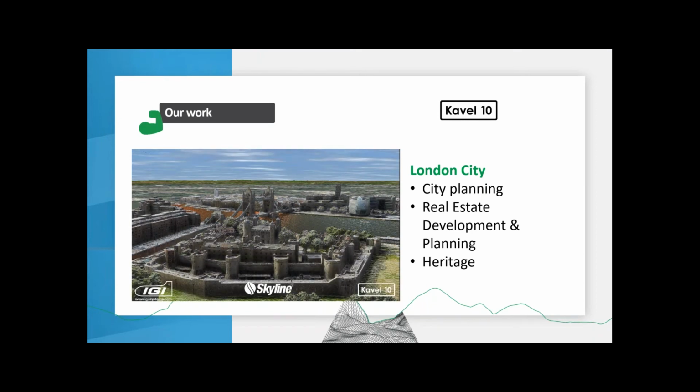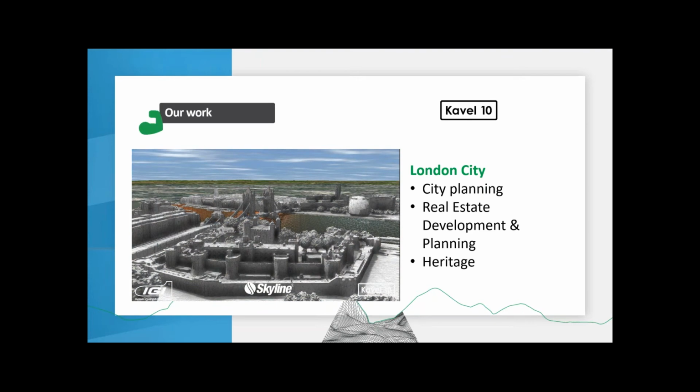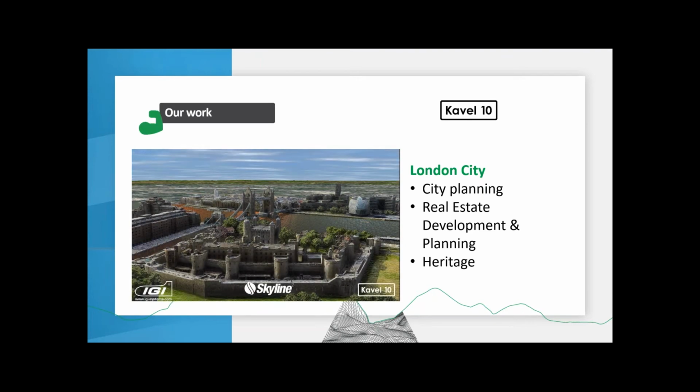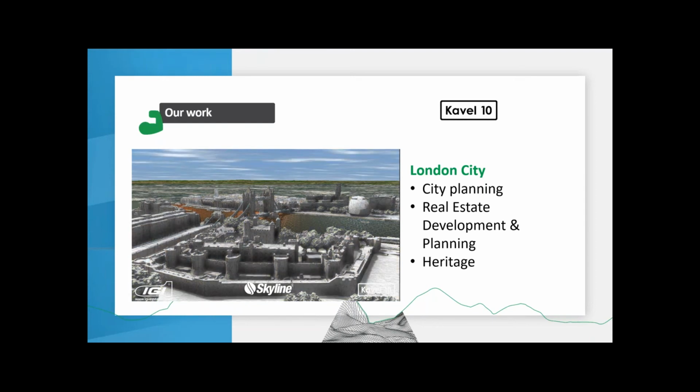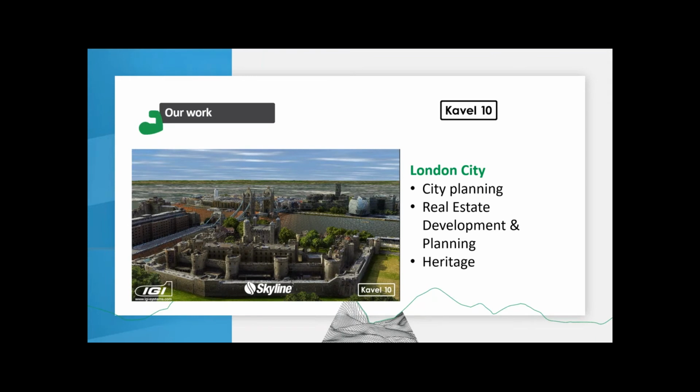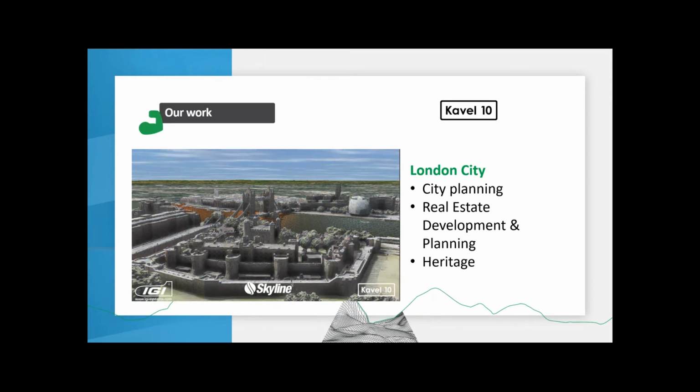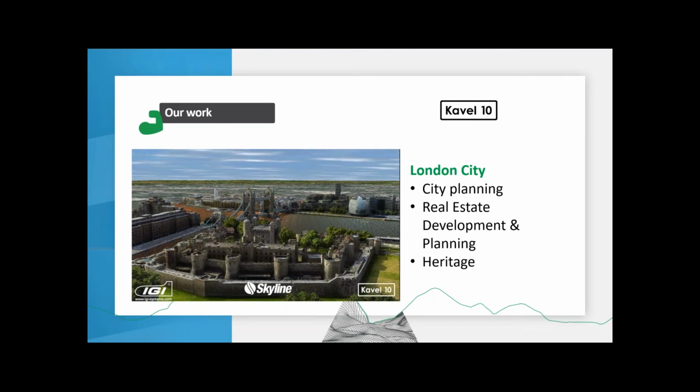So they're placing a lot of new buildings, and therefore they're using our data to see how new buildings would impact the area of the city. And of course also for cultural heritage, for example, the Tower Bridge, which is a cultural monument in London.